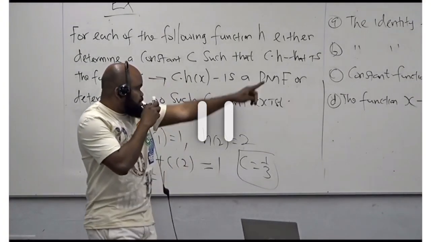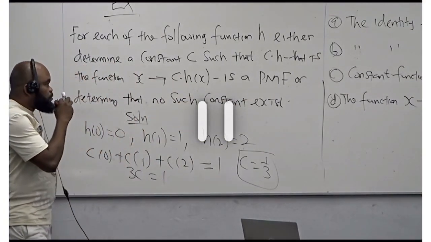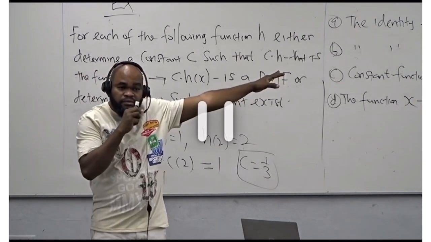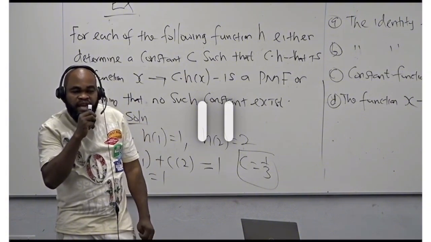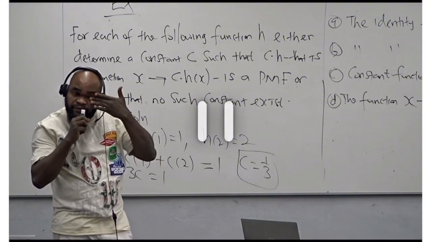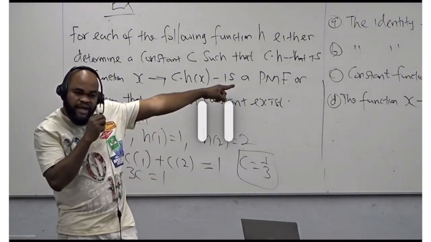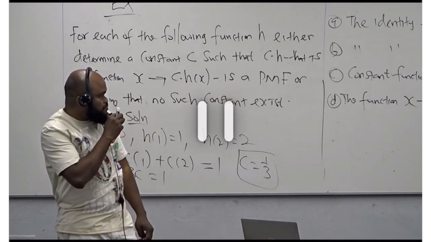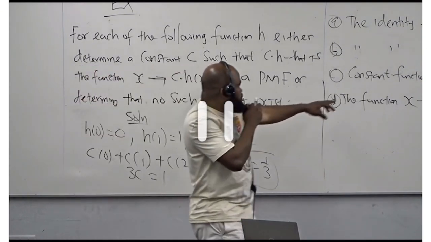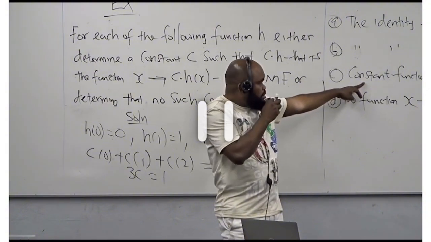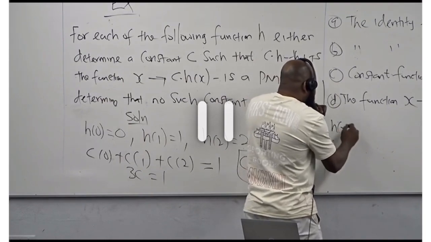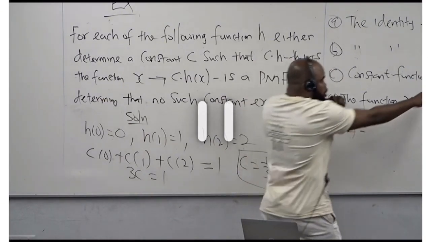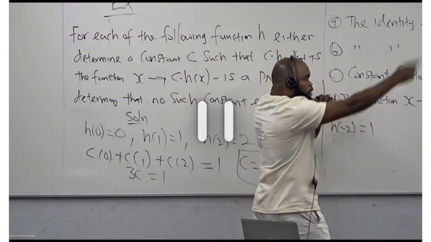In the second one, some of the values are negative, so we can never have a C. The PMF is not defined for negative values. Now, for the constant function, H of -2 equals 1, and all of the values are going to be equal to 1.